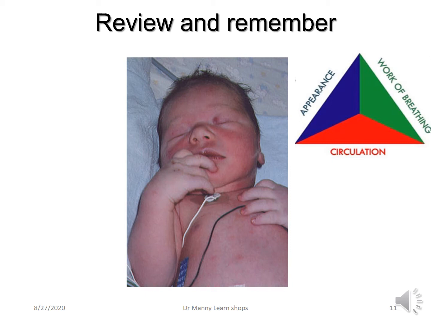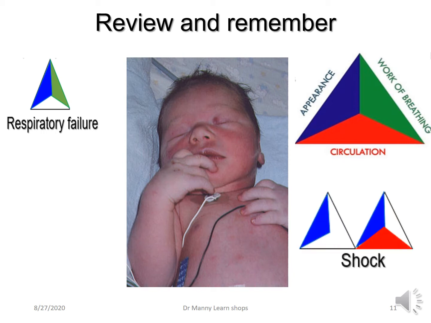Work of breathing we can't see, but this infant had sternal recession, rib recession, wheezing respirations, and circulation not very good either. Possibly respiratory failure, with appearance looking not very good, increased work of breathing.